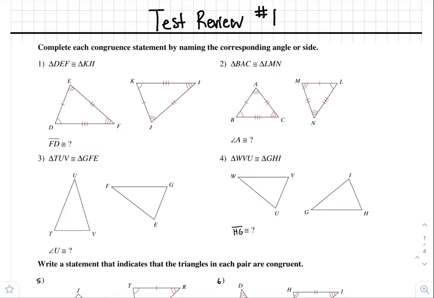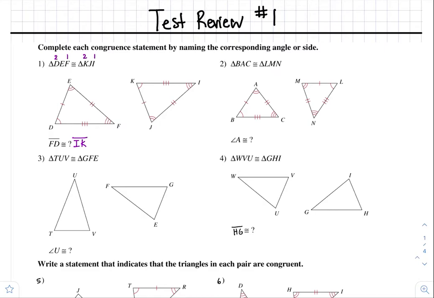If you look at your congruency statements, F and then D, right? So what is the exact same corresponding side for the other triangle? IK. So this one's going to be congruent to IK.